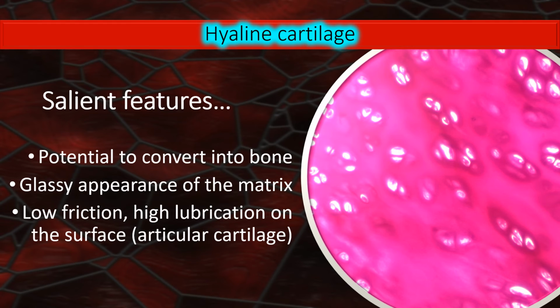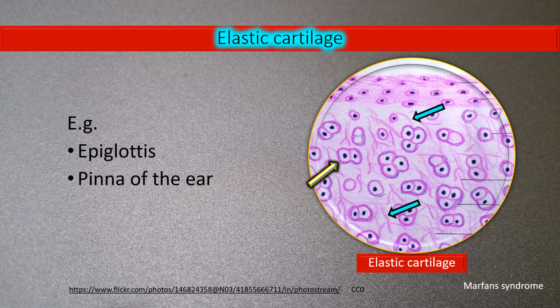We will now see the second type of cartilage, elastic cartilage. By and large, it shares most of the physical properties of the hyaline cartilage. It is seen in places where you need a compliance to stretch. Second, elastic recoil so that it can come back to its original shape when the shearing force is withdrawn. Therefore, places like the epiglottis and the pinna of the external ear are very good examples.